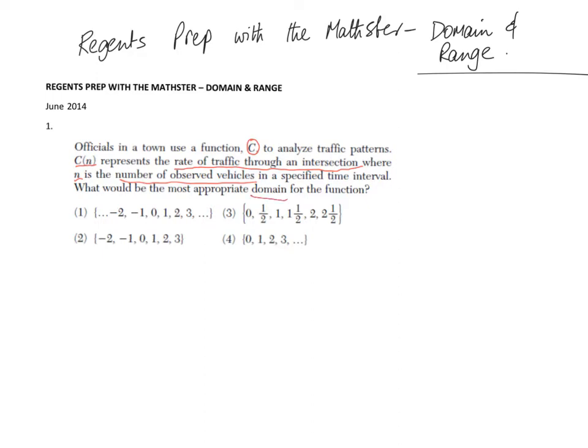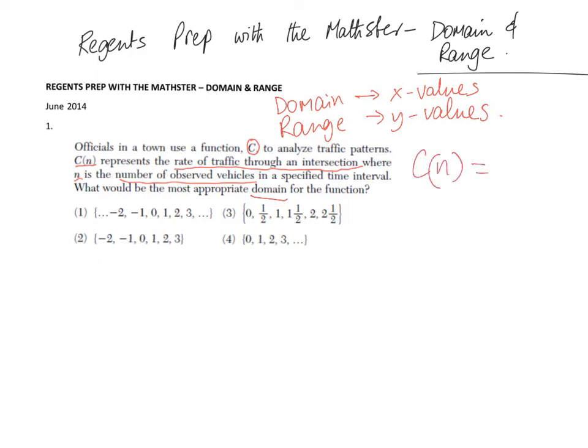So domain are the x values, range are the y values. So we're looking for the x values, and we know the function C(n) is equal to something in terms of n. So maybe there's a box here, maybe even back here, right?